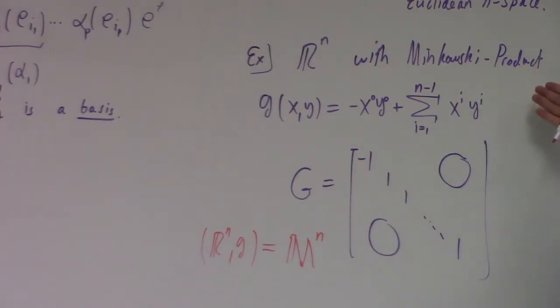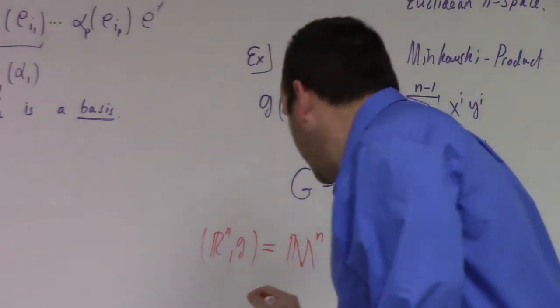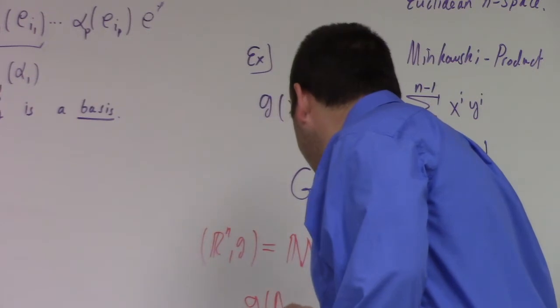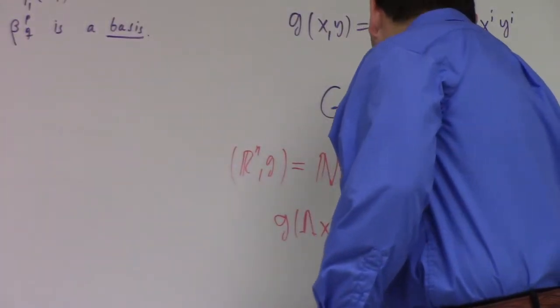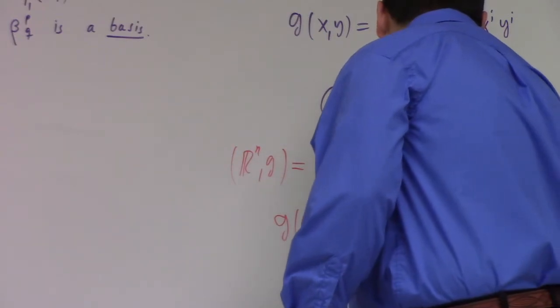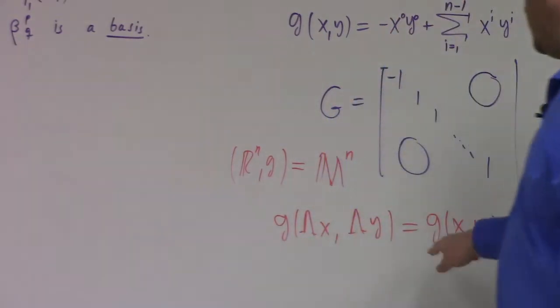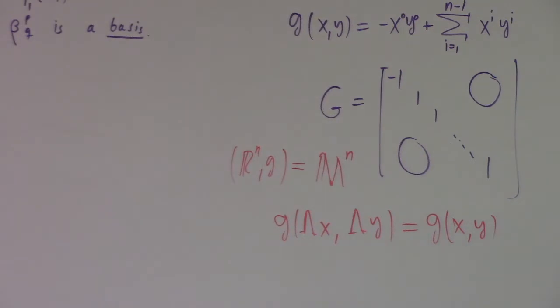And so the transformations which leave the metric fixed, right? If you look at linear transformations that do this, all right, transformations which leave the metric fixed between arbitrary points, those are known as Lorentz transformations.